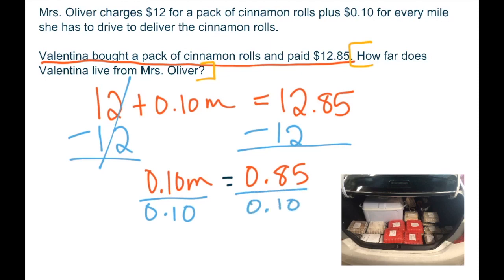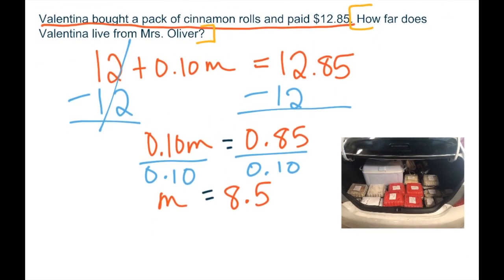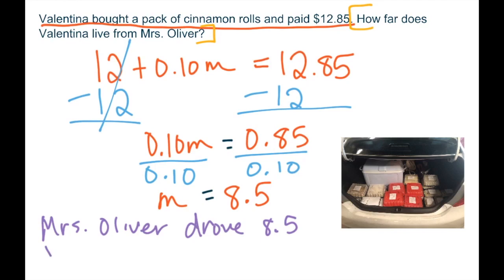When I do that, 10 cents divided by 10 cents on this side leaves me with just m. And if I do 85 cents divided by 10 cents, I get 8 and 5/10. So what this means in terms of this problem is that Miss Oliver drove 8 and 5/10 miles to Valentina's house.